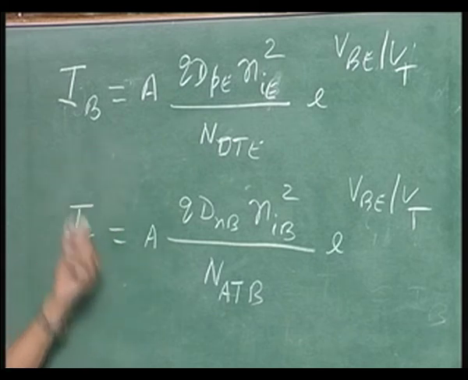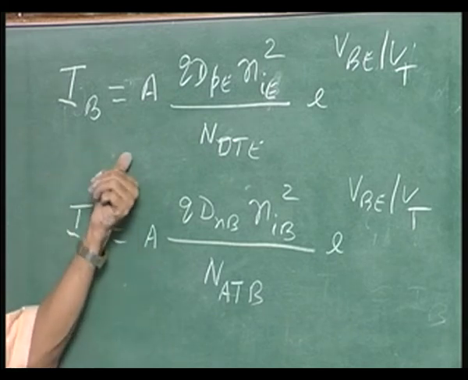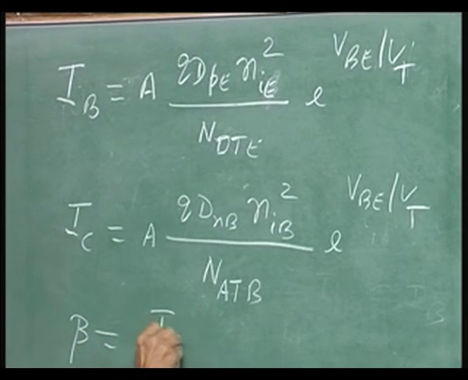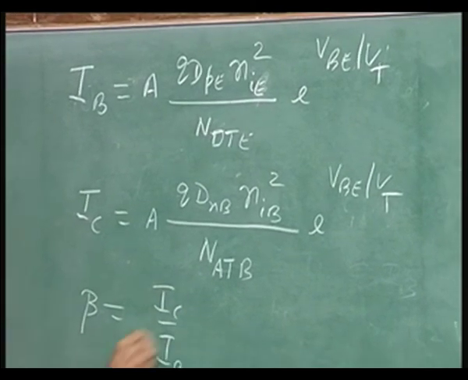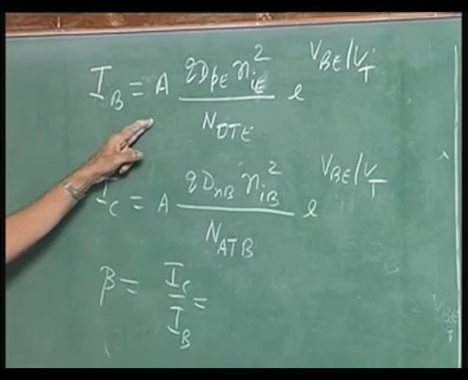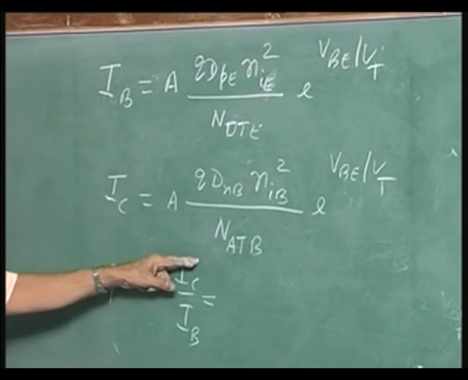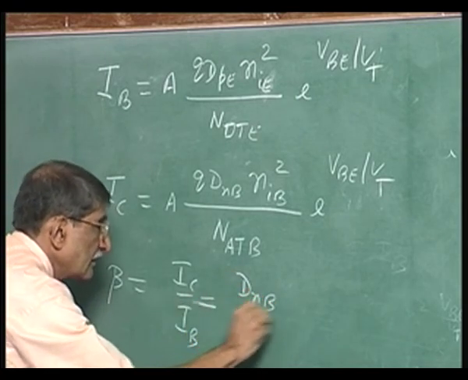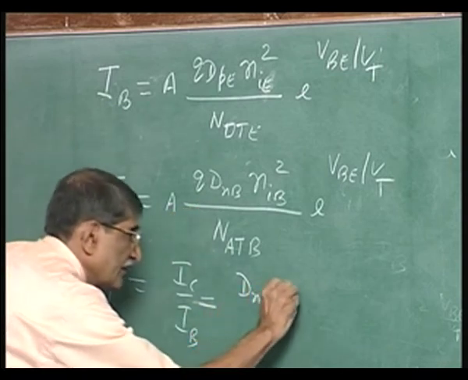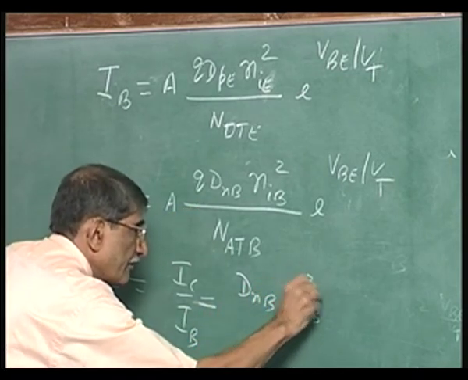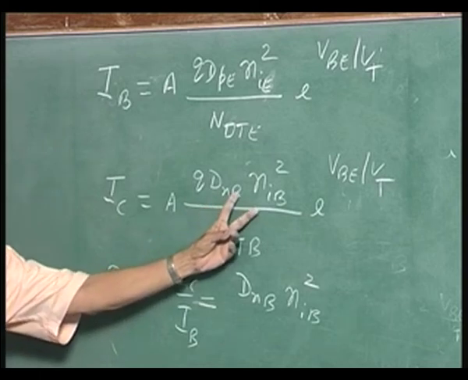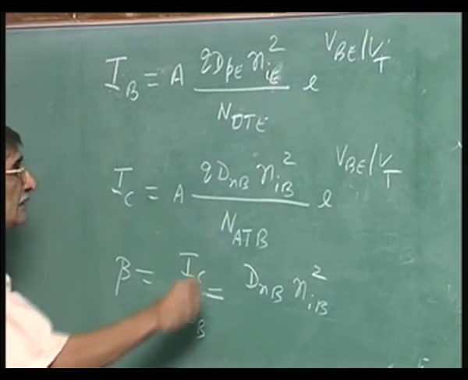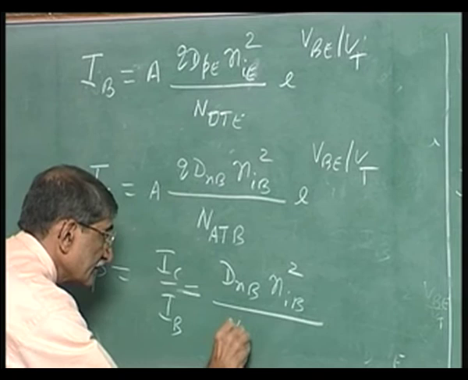In fact, when you find the beta, you divide this by that, area goes off. So, beta, which is IC divided by IB, this cancels out, and you have got now DNB, Nib square, they are remaining, this cancels VB, and in the denominator you have got NATB.